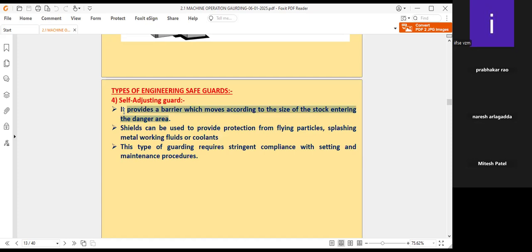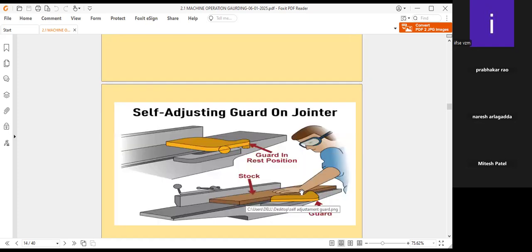It provides a barrier, an obstacle which moves according to the size of the stock entering the dangerous area. According to your fixture, your hands, see how it is. This is a fixed guard. When the stock size is there, the nozzle will not move.